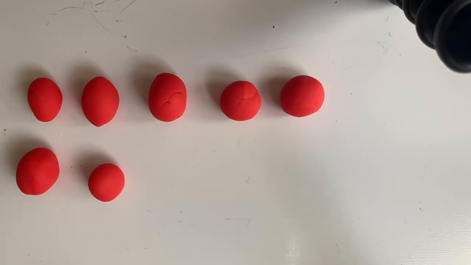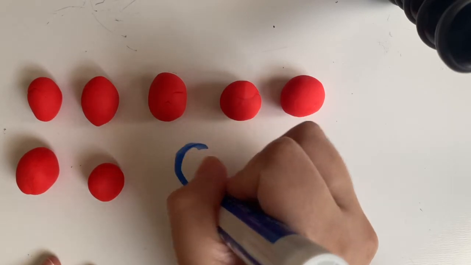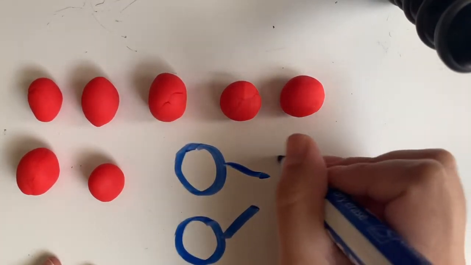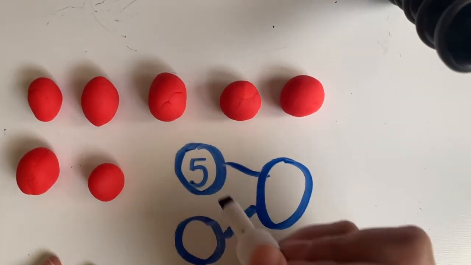Yes, 7. Now I want you to make a number bond about this problem, about these raisins. So I'm going to create my number bond. So Ming had 5.